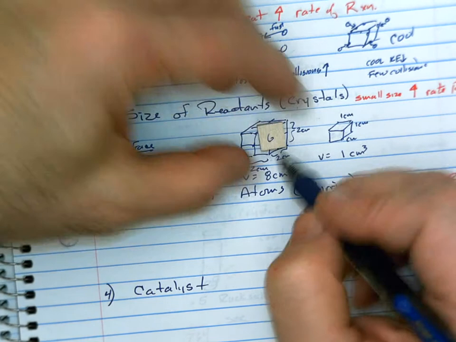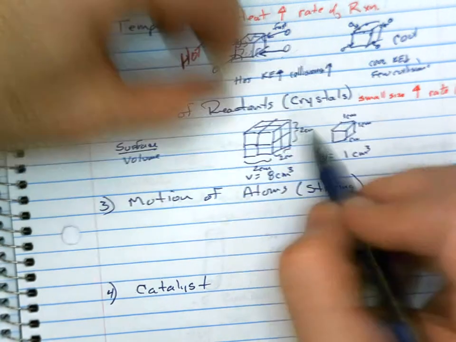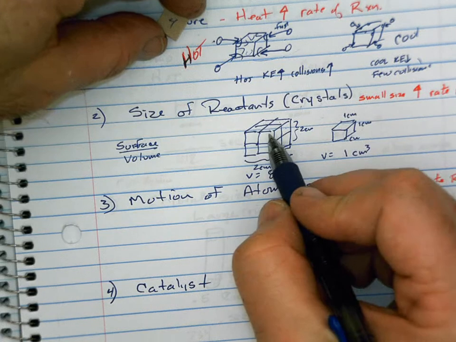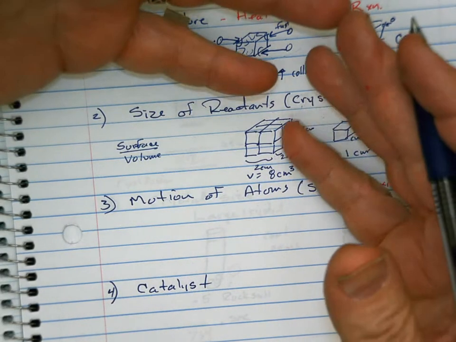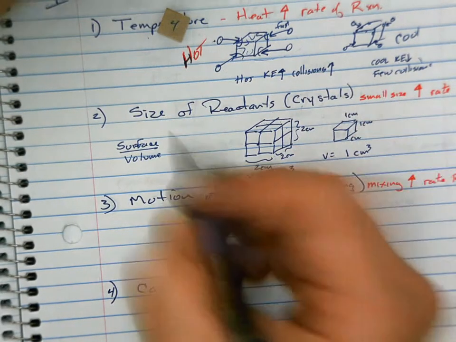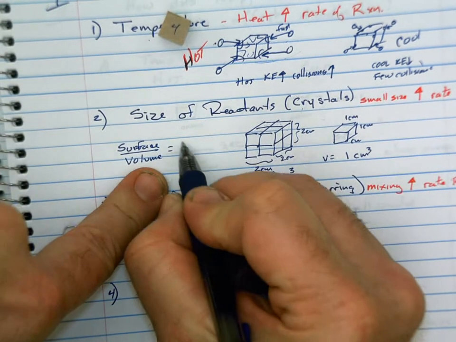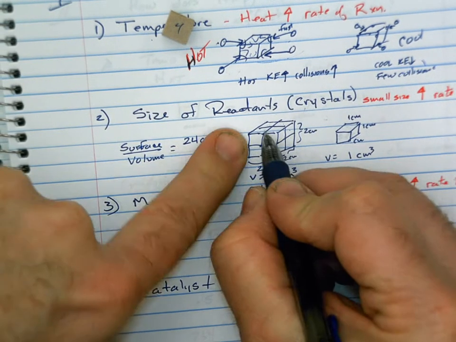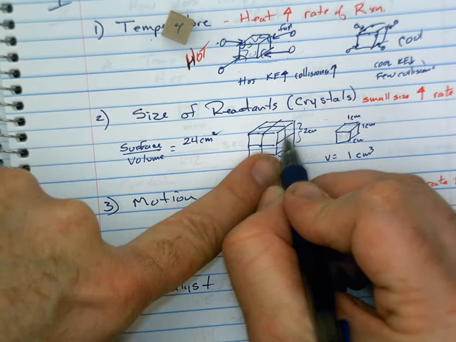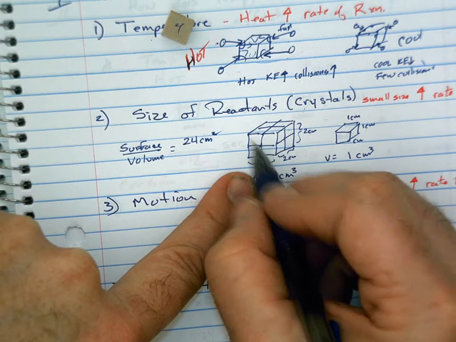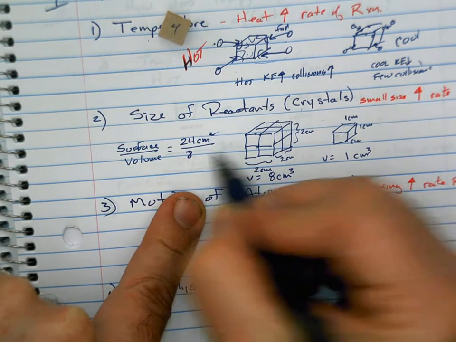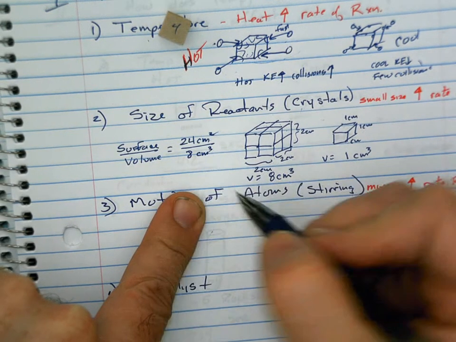Now this cube happens to be twice as big as this one. So 4 times 6 is 24. So the surface area is 24 centimeters squared. The 24 of these little square areas, 4, 8, 12, and so on. Its volume, we calculated, was 8 centimeters cubed.